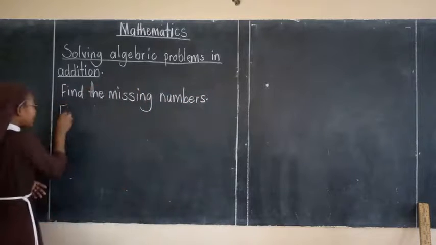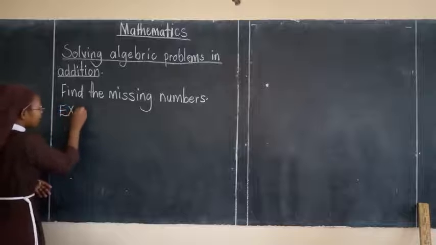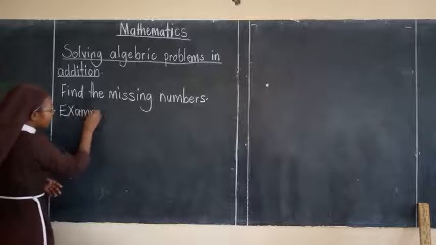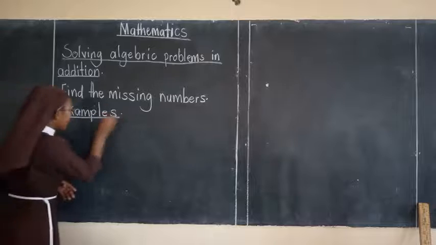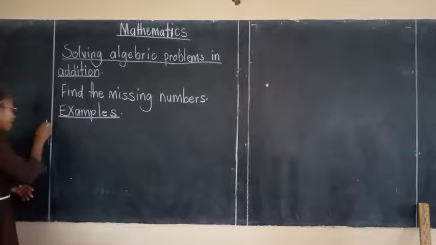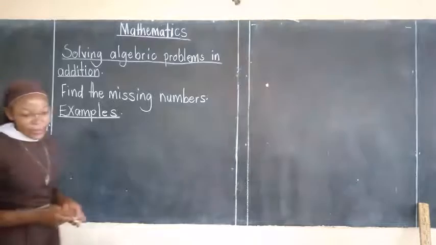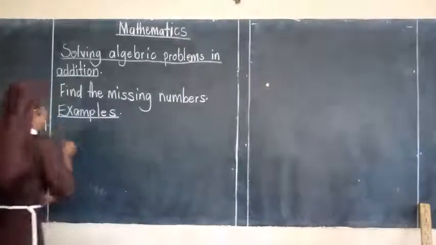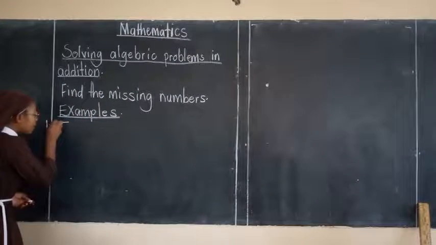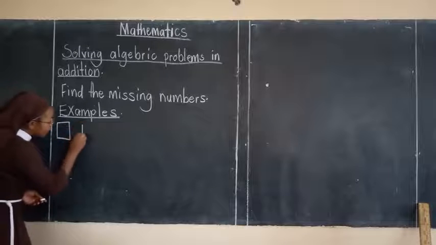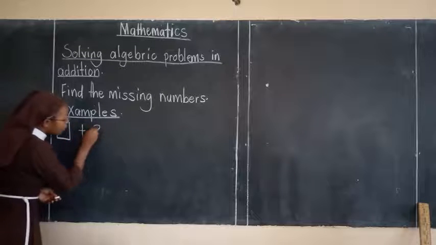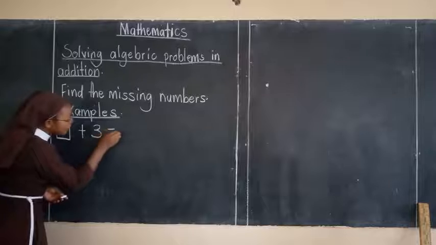And these are our examples. Example number 1. We've been given box plus 3 equals 5.